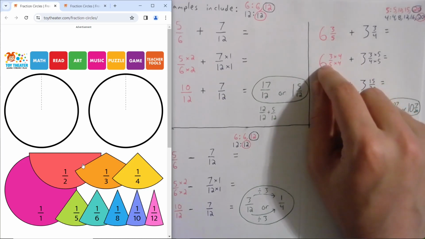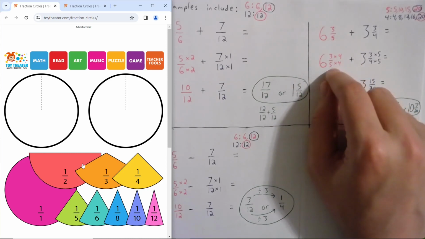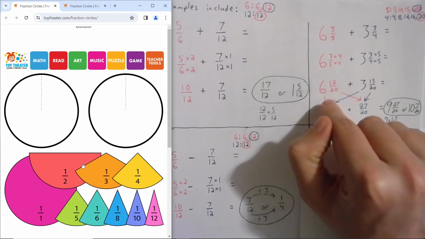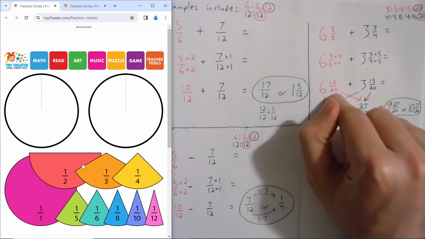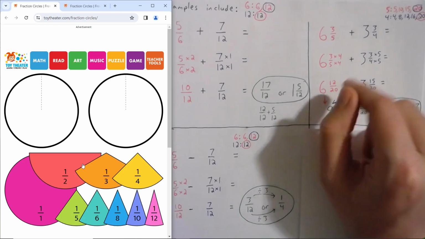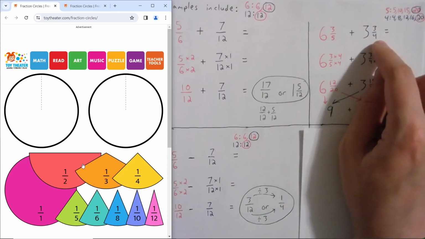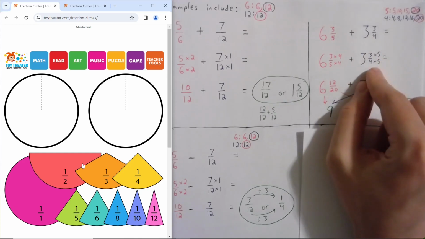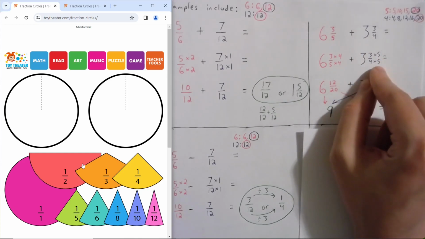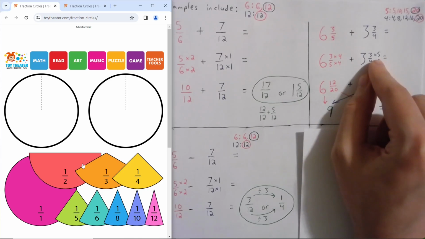So we have 6 whole, and then 3 times 4 over 5 times 4. So that gets us 6 and 12 twentieths. And then over here, to get to 20, I have to multiply the bottom of 4 by 5, and so I have to do the same thing to the top and multiply that by 5.